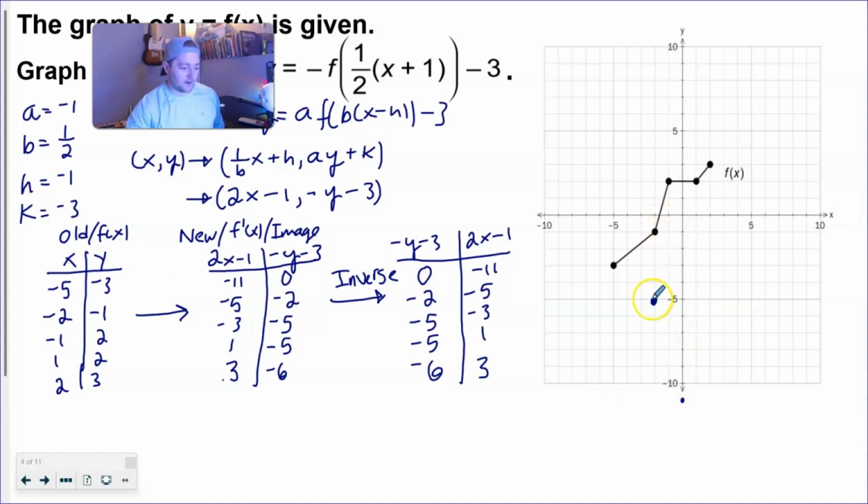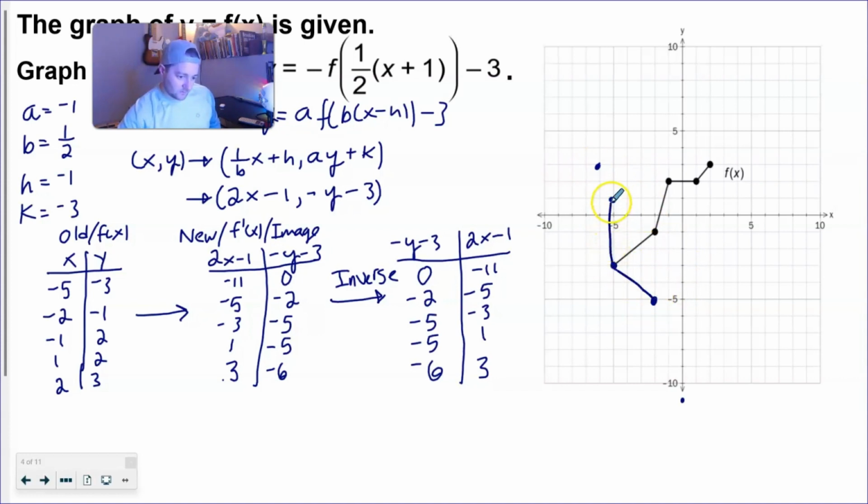Negative 2, negative 5. Negative 5, negative 3. Right there. Negative 5 and 1, so right here. And then 6, negative 6 and 3. So right here. So it looks something like this.